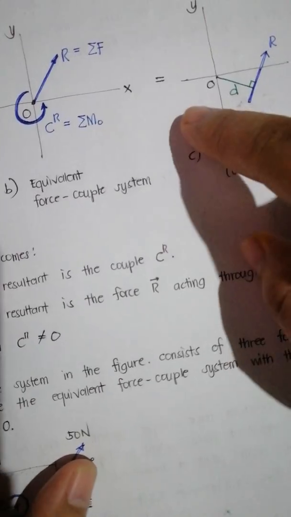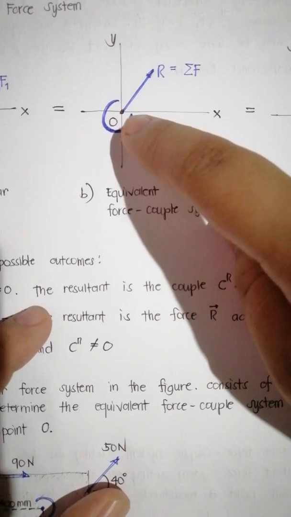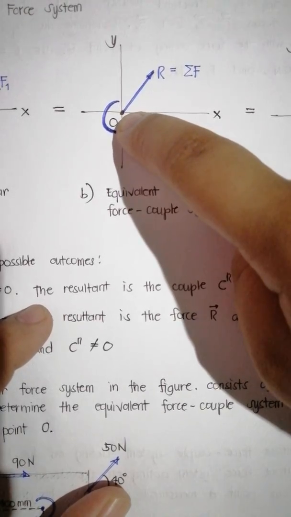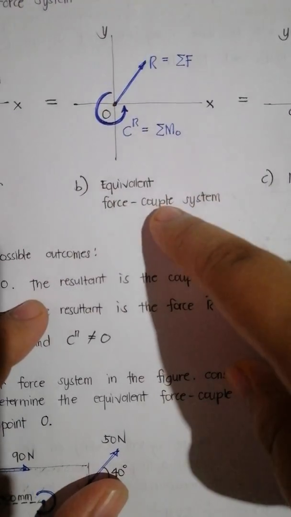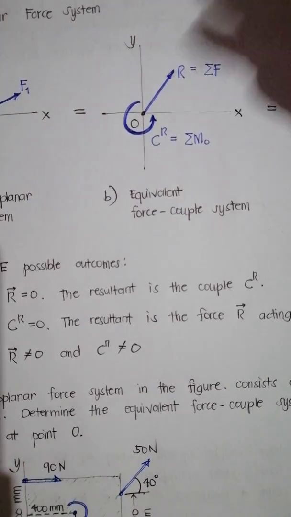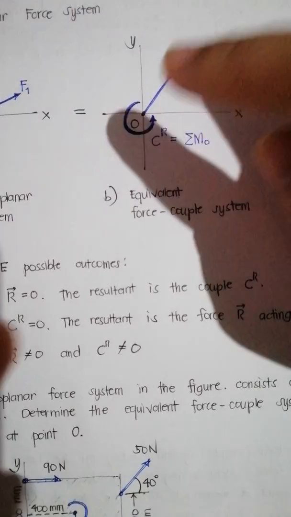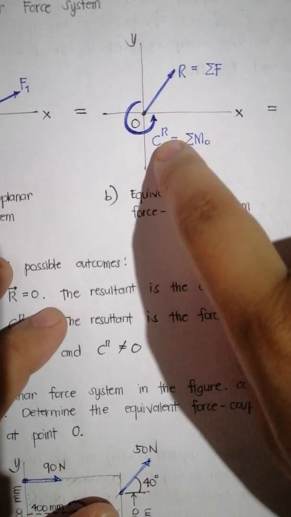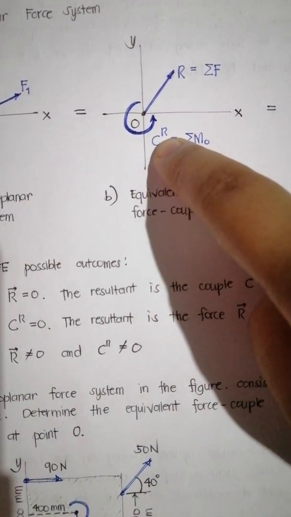Okay? Tapos, for us to make this instead of an equivalent force couple system, if we want it to be an equivalent or resultant force system, we have to get rid of this couple resultant. How do we get rid of it?